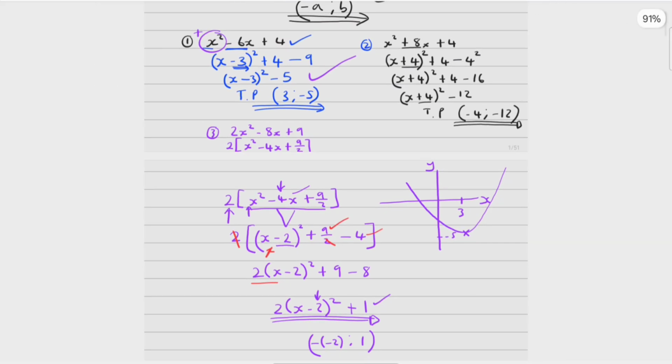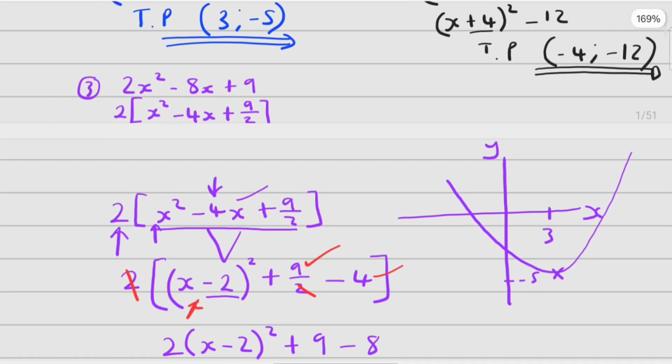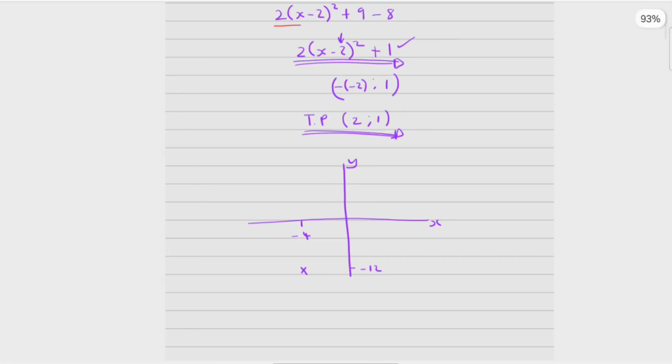And even for the second one, x squared plus 8x plus 4, if we look at the turning point minus 4 minus 12, the general sketch will be this minus 4 and minus 12. It will be here, right?